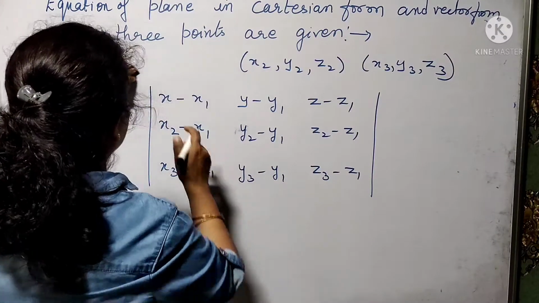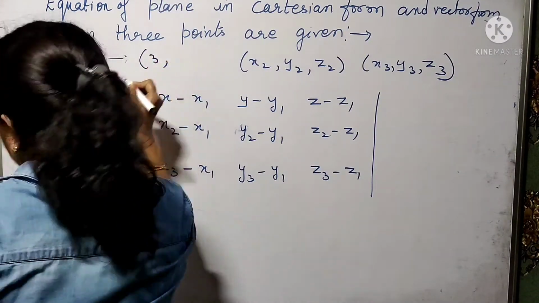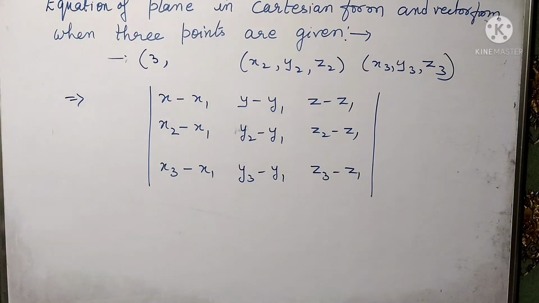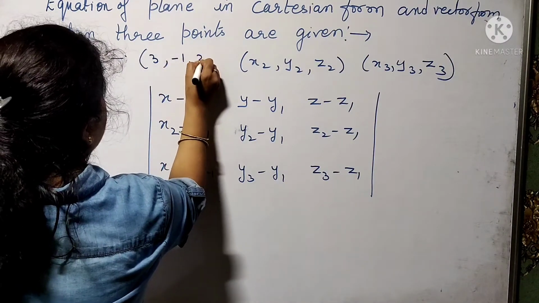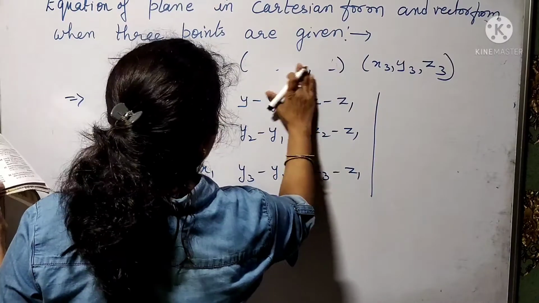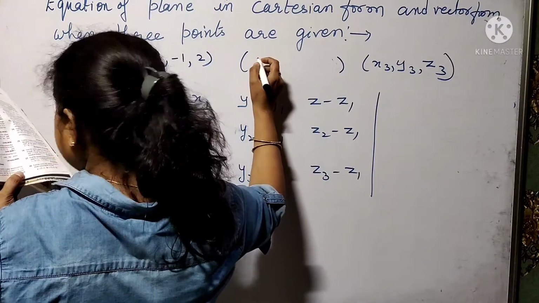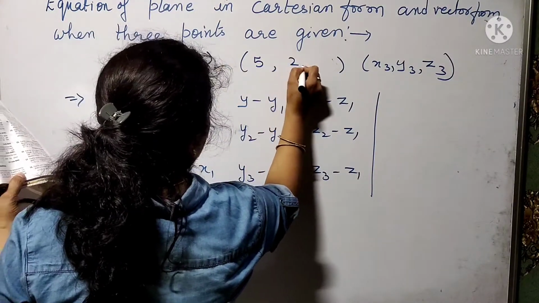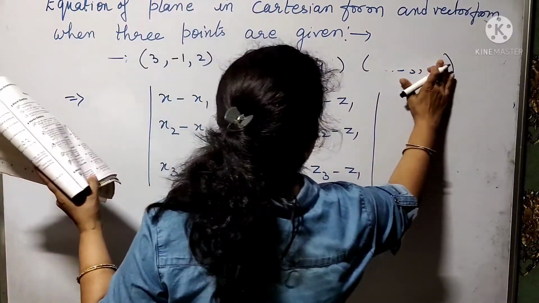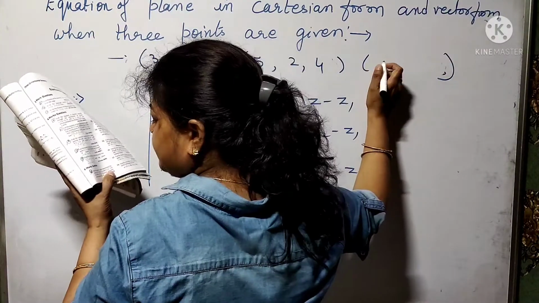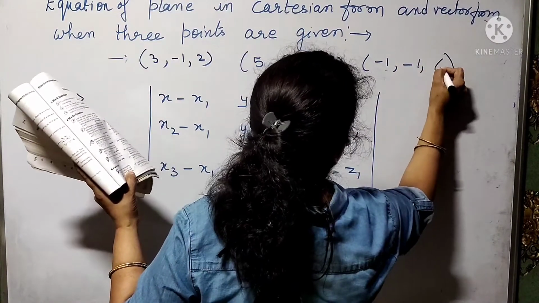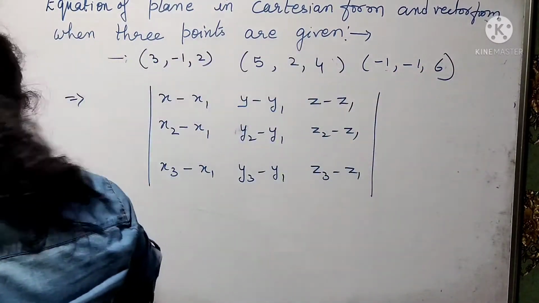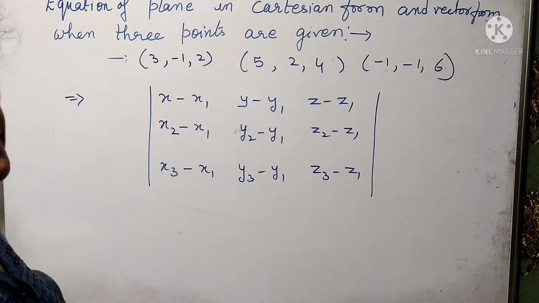Now, for example, the 3 points which are given to us, and we have to find the equation: 3, minus 1, 2, and the next point which is given to us is 5, 2, 4, and the next point is minus 1, minus 1 and 6, and we have to find the equation of the plane.